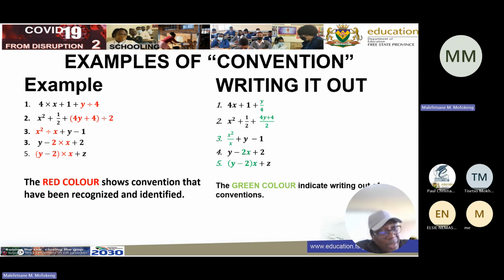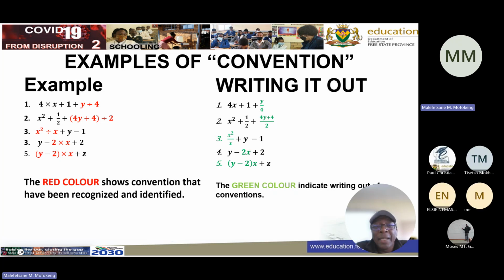The last one: into y minus 2 multiplied by x plus z. And the convention when writing it is into y minus 2 close bracket x plus z. I indicated earlier that the red color shows conventions that have been recognized and identified.